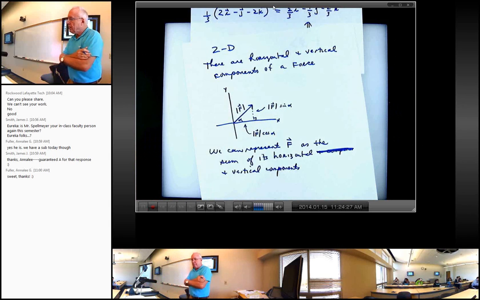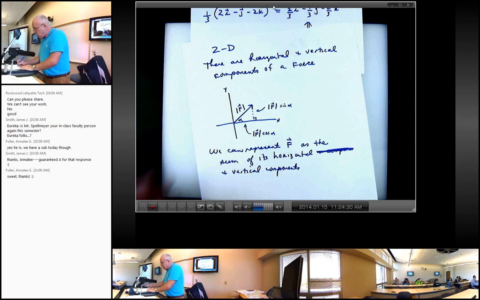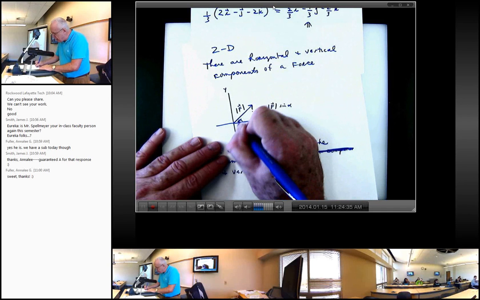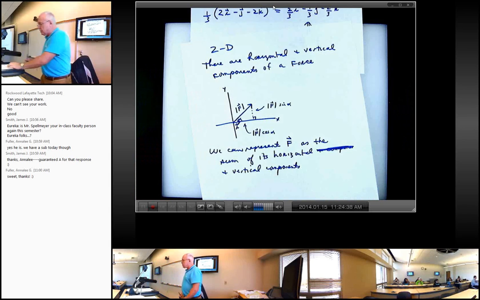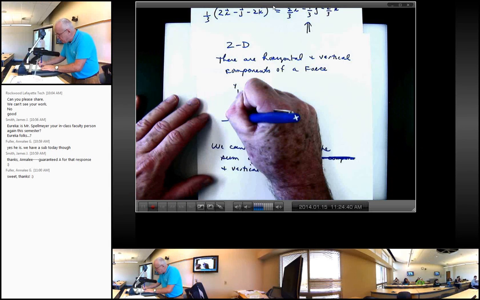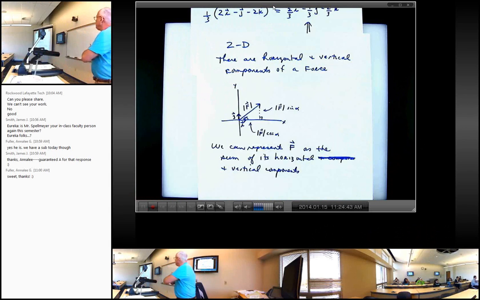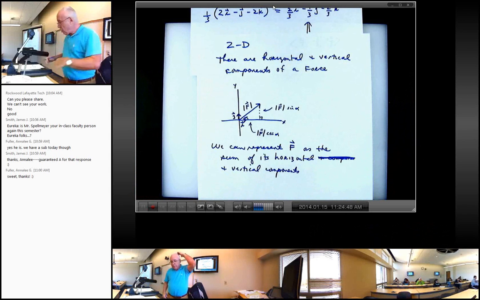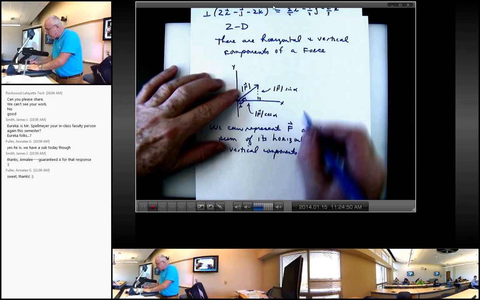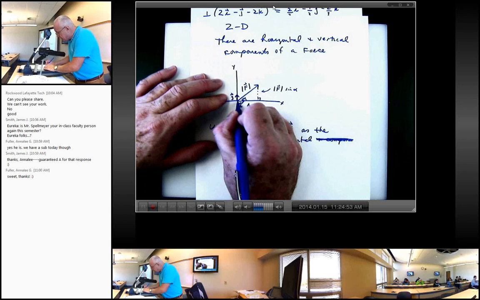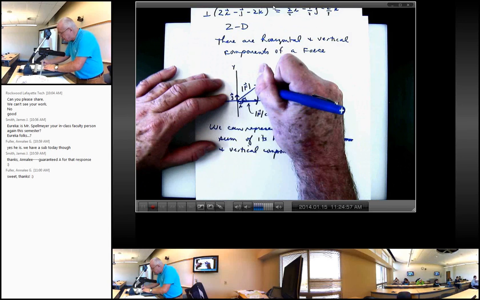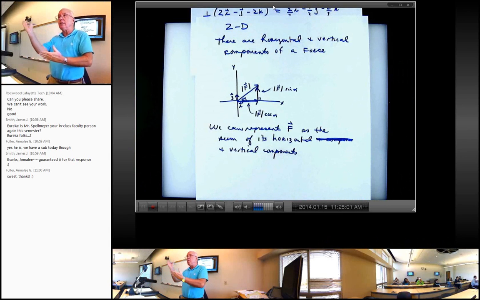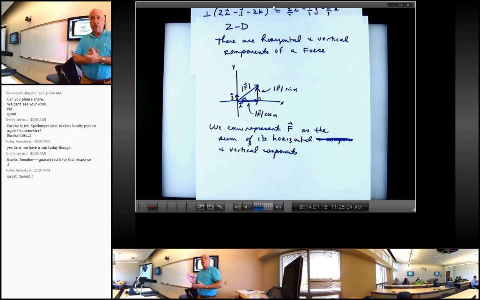And then this is going in the x direction, so we've got that unit vector i that goes in the x direction. And here we've got that unit vector j that goes in the y direction. We don't have a z because we're only talking about x and y. So I can represent this force as the sum of this vector plus this vector right here. Adding those two vectors together, we will get the diagonal vector.